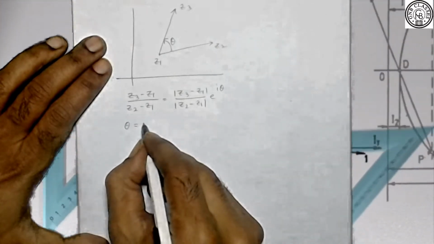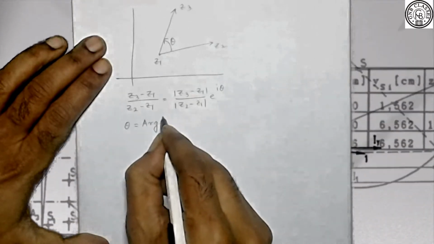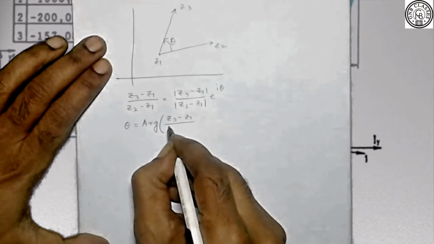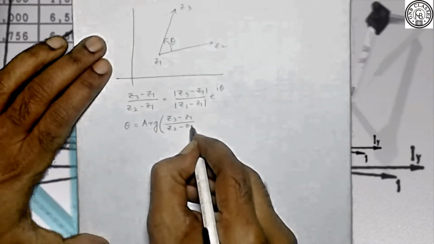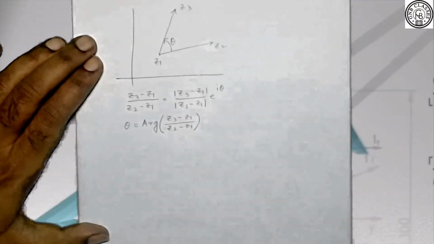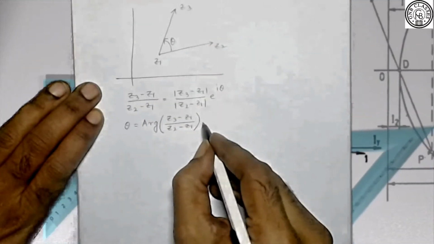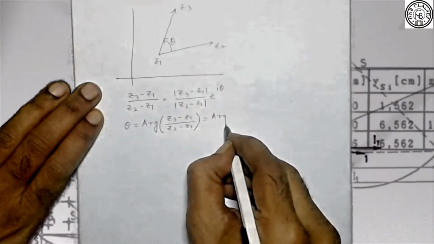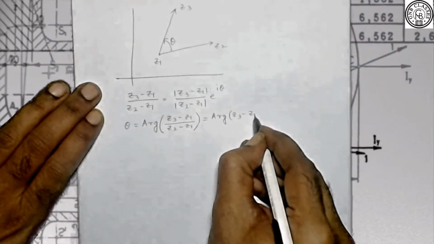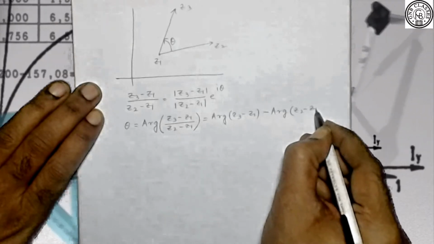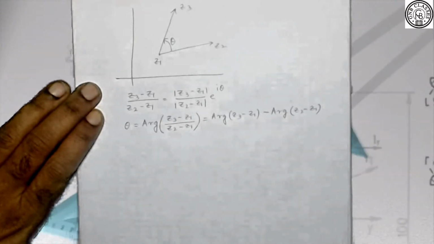Now, what is theta? Theta is basically the angle between (Z3 minus Z1) by (Z2 minus Z1). Tell me yes or no. This is the angle between these two vectors, which can also be written as argument of (Z3 minus Z1) minus argument of (Z2 minus Z1). That exactly we have done.